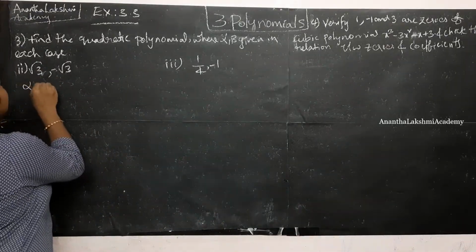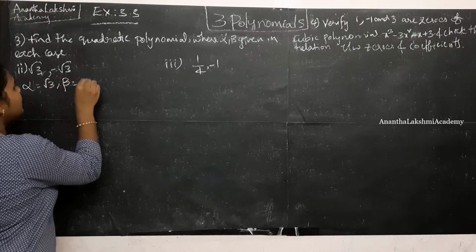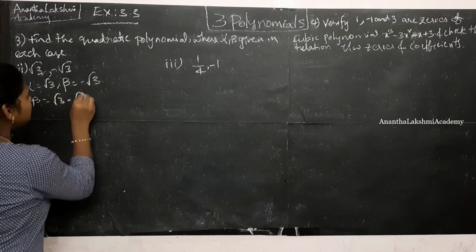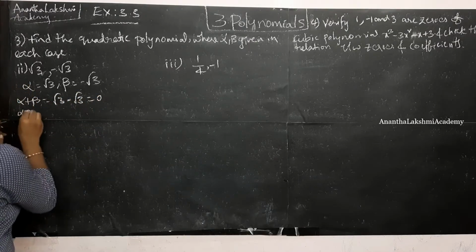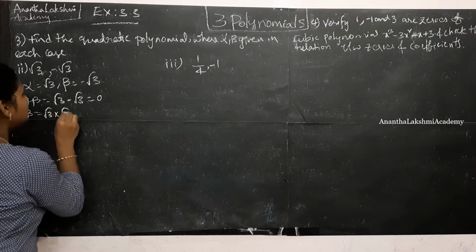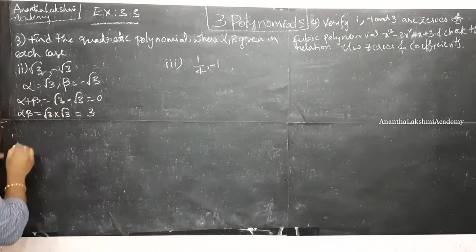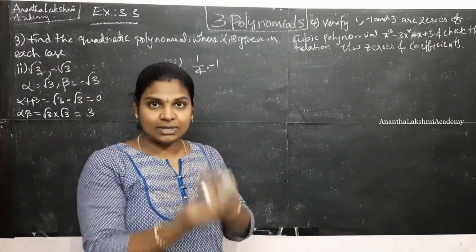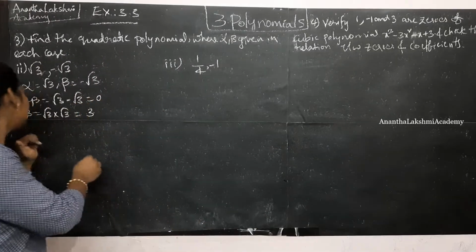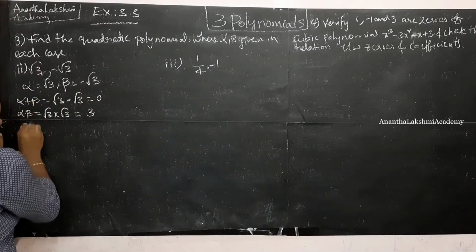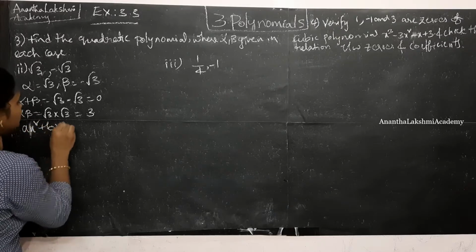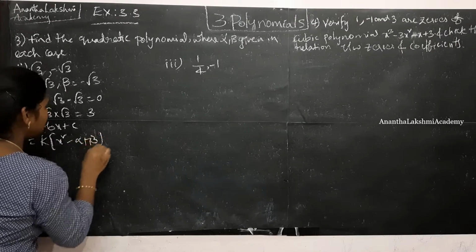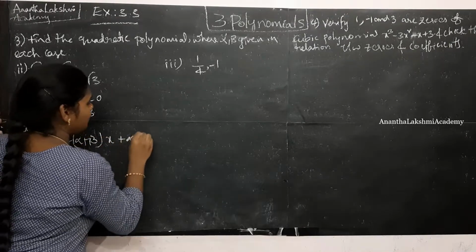So alpha is equal to root 3, beta is equal to minus root 3. Alpha plus beta is equal to root 3 minus root 3, which is 0. Alpha beta is equal to root 3 multiplied with root 3, which is nothing but 3. So when we were discussing about the concept, we thought ax square plus bx plus c is equal to k into x square minus alpha plus beta into x plus alpha beta.